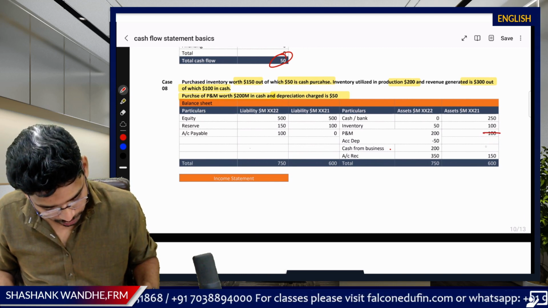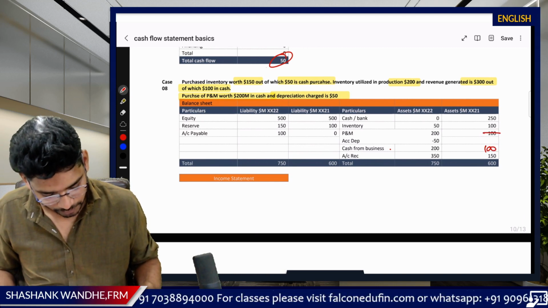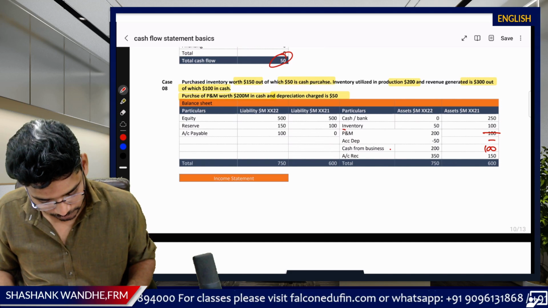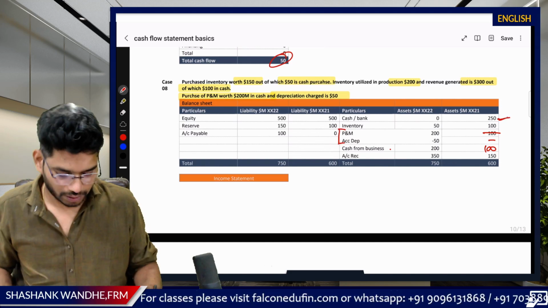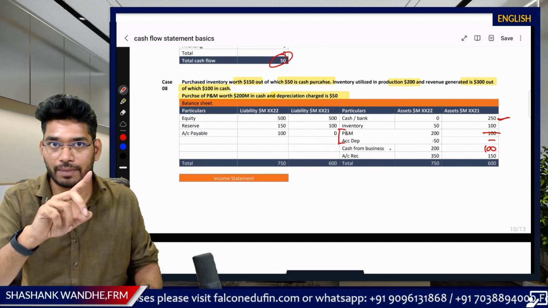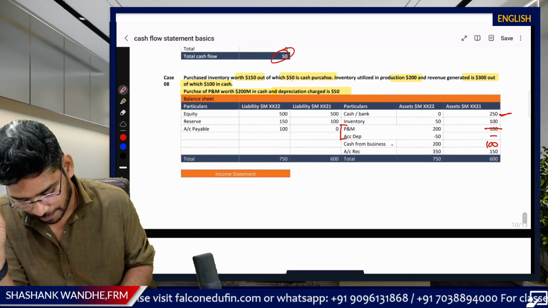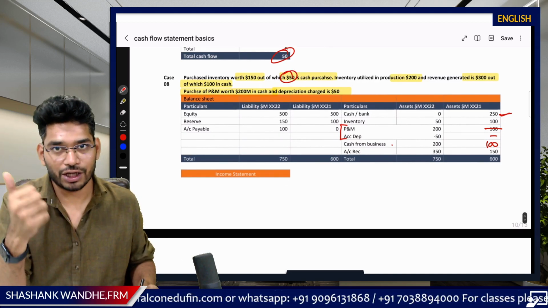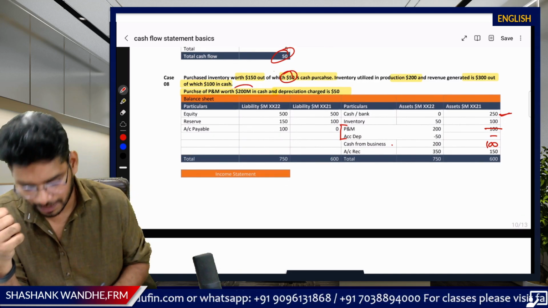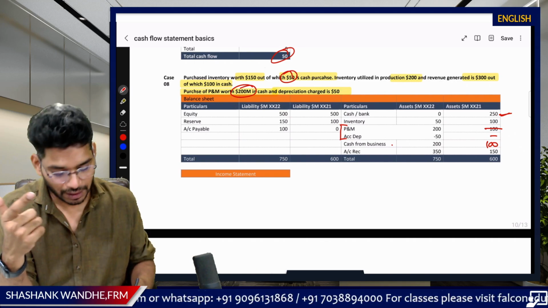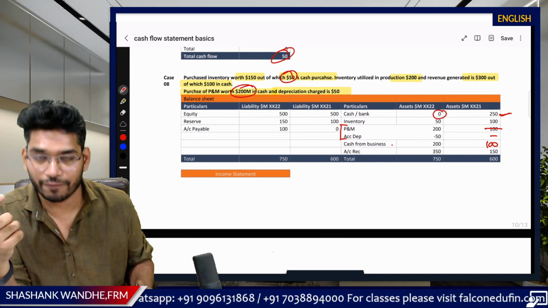Now let's see, there is a correction here. First, the cash or bank account opening balance was 250. We purchased inventory by paying cash, 50 reduced. We purchased plant and machinery by paying 200 million, 200 reduced. So finally you have 0 here.